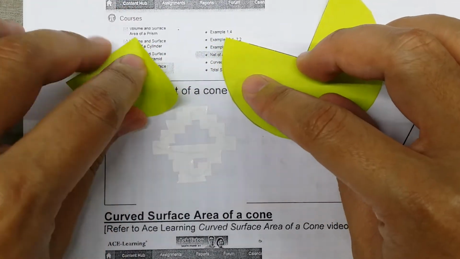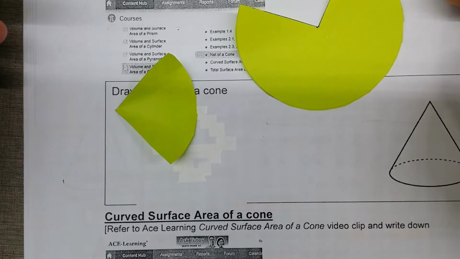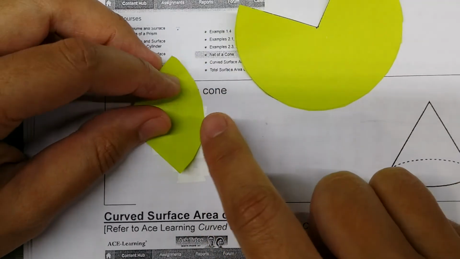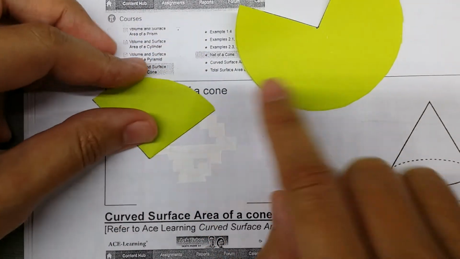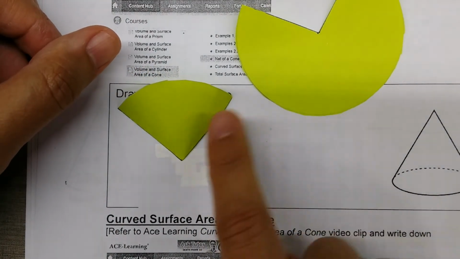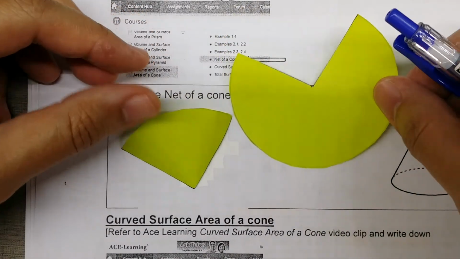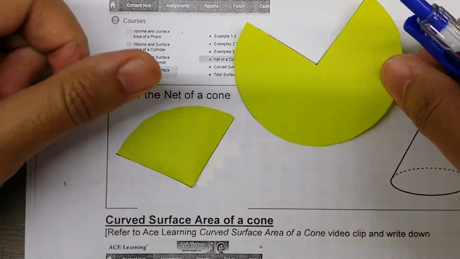So actually a cone is made up of sectors. These sectors, either this shape or this shape, will form the curved surface area. You can draw either one. So for simplicity, I draw the smaller one, easier.